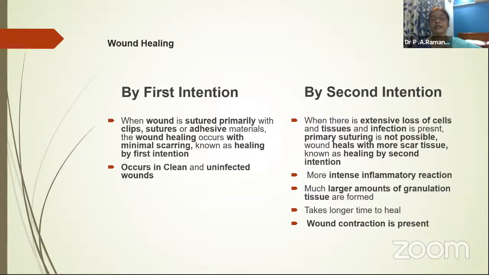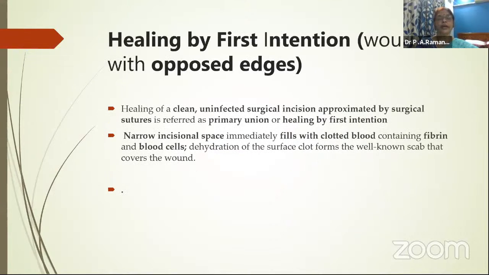Myofibroblasts will be there, so wound contraction will occur. Suppose the wound is near any joint, joint contracture can occur, right? Suppose in the cubital fossa, if there is a wound, contracture of the joint can occur if the wound is near the joint.